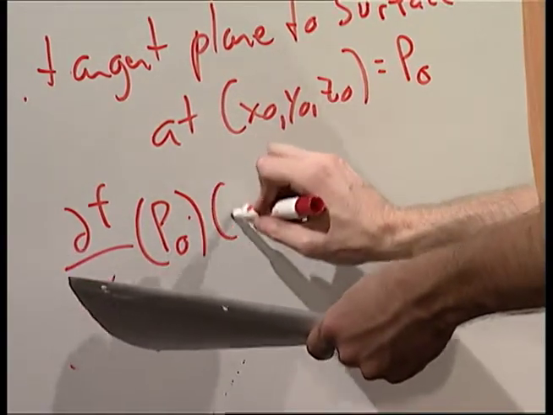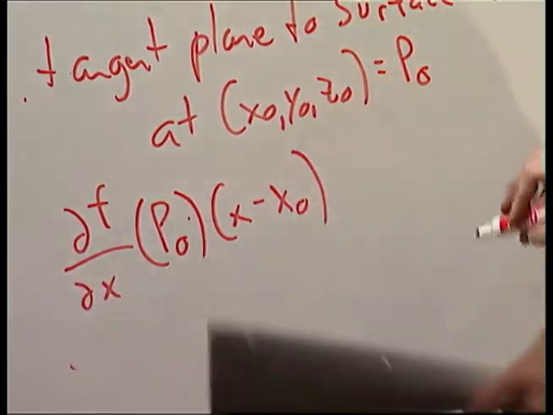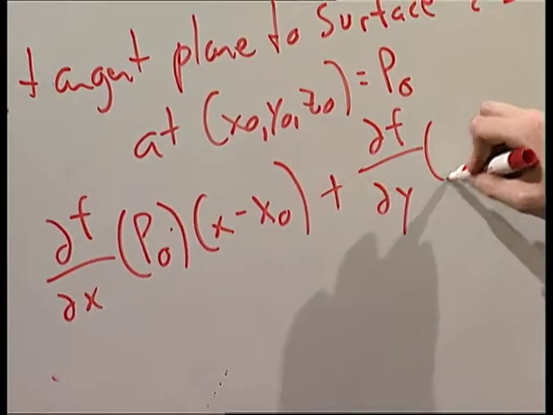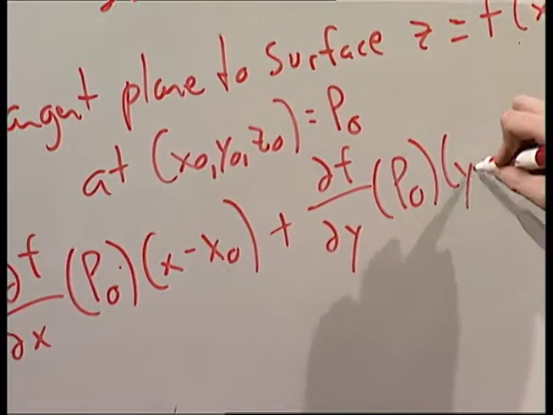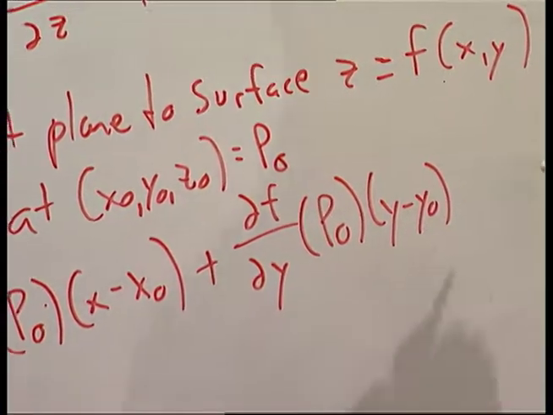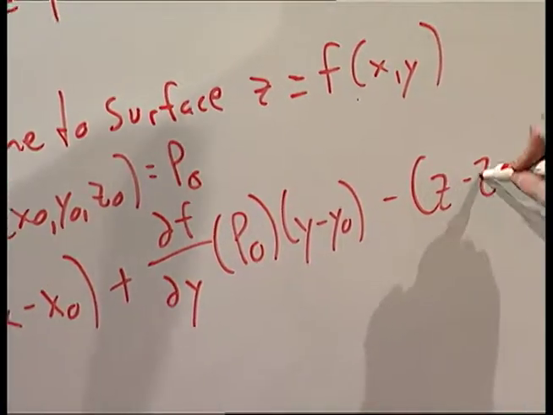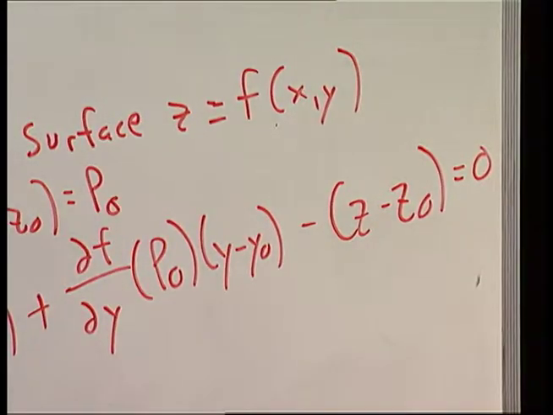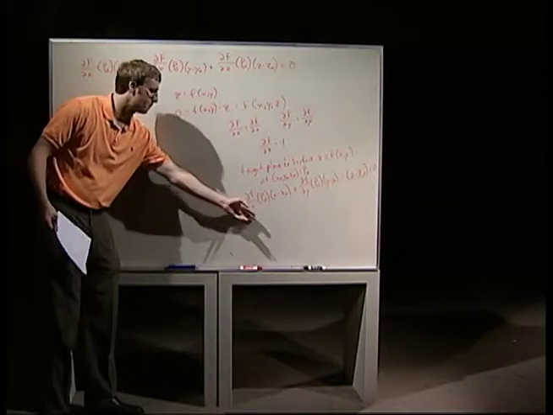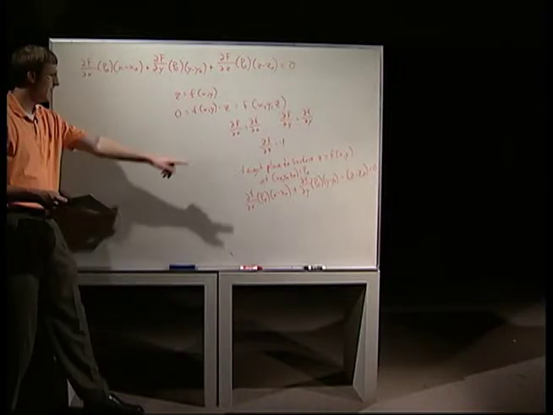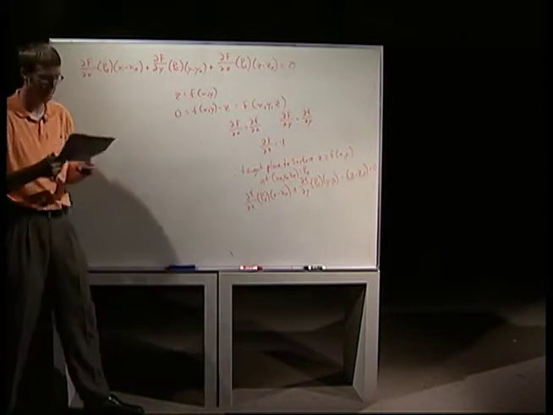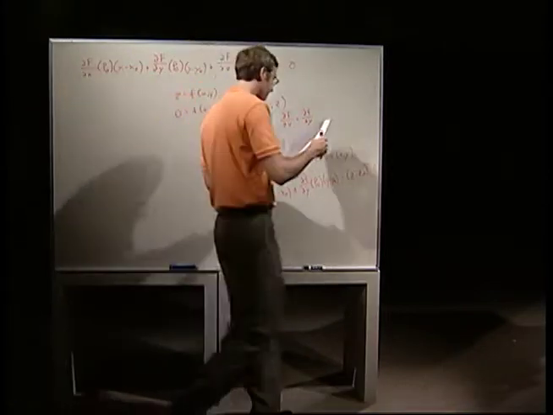So there's that. Partial f partial y, p naught, times y minus y naught. And then this over here is just minus z naught equals 0. So this is sort of your more standard version of this, what you would see if you had just a typical surface defined as a function of x and y, right?